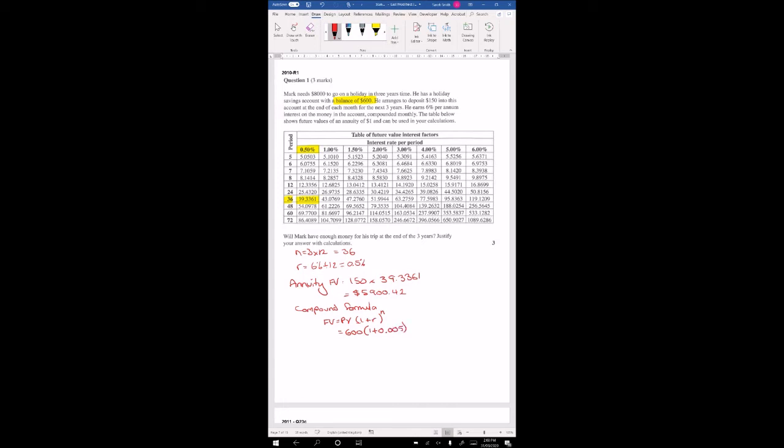So remember, with our compound formula, you need to write that as a decimal. So the initial 600 will now be worth $718.01.